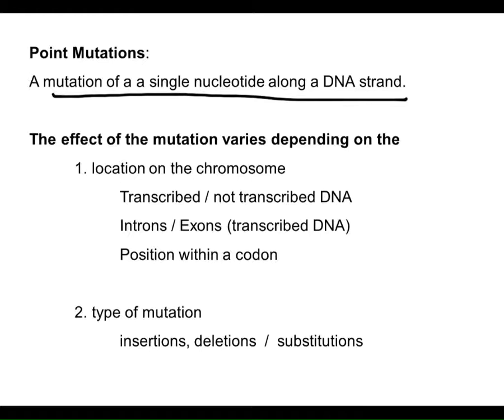That's a different kind of mutation. But what I'm talking about here are these point mutations where maybe there's an insertion of one letter, or maybe there's a deletion of one letter, or maybe the letter is switched, right? Maybe there's a substitution. An A is switched for a T in the DNA, or a C is switched for a G.